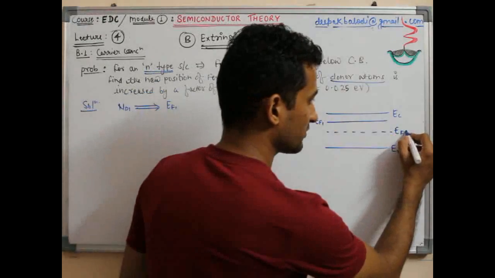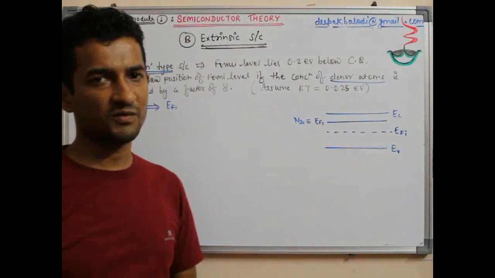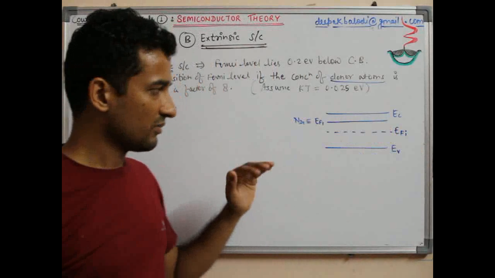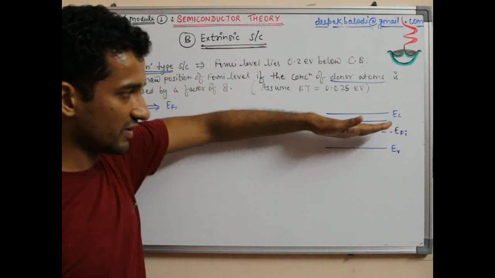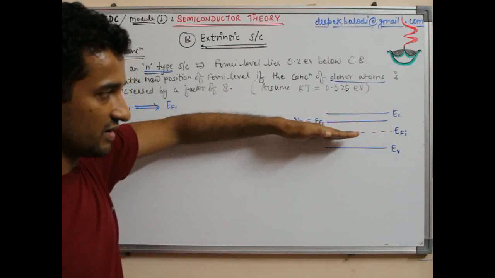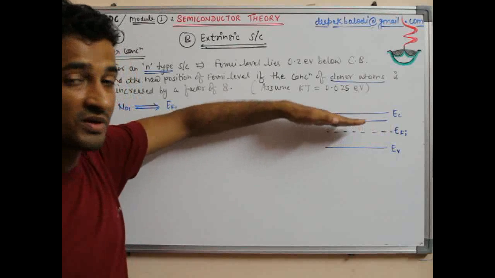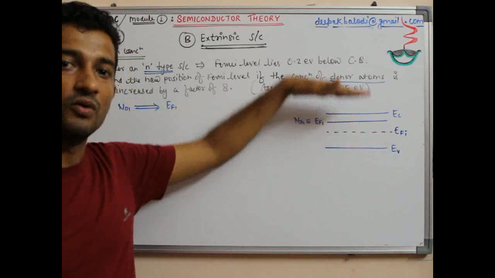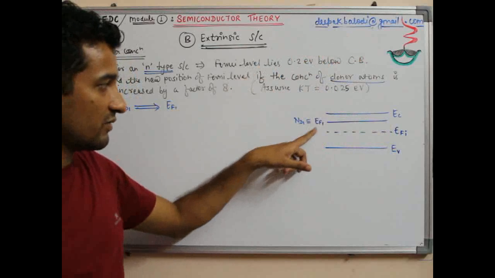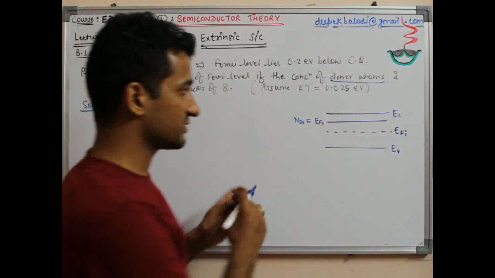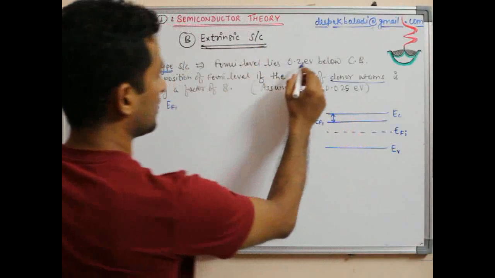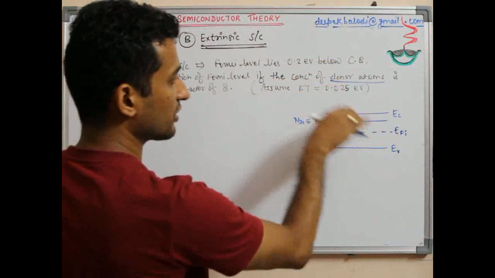So this is EFI, intrinsic, just for the reference case. Otherwise it is not required here. But just to indicate that earlier, when it was intrinsic, it was at EFI, then it moved up. And how much it moves up is decided by ND. The higher the ND, the further up it goes. So with ND1, it is at EF1, and this difference is given to us as 0.2 electron volt below the conduction band.